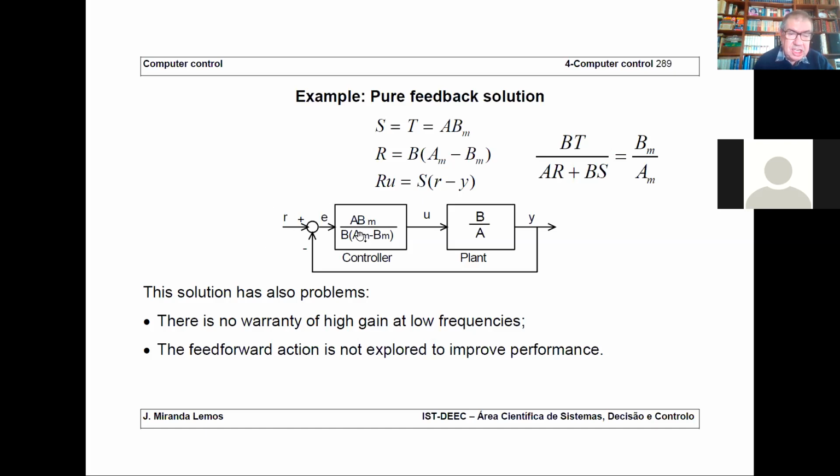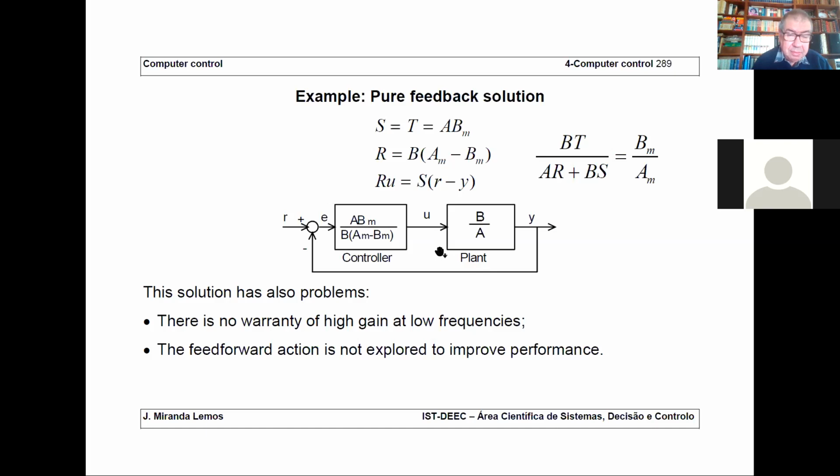We say this is just a 1 degree of freedom controller in the sense that we only have a feedback control block inside the feedback loop. And we are losing the second degree of freedom, which is the feed-forward term. So this can be made to work. Probably it's not the best choice.